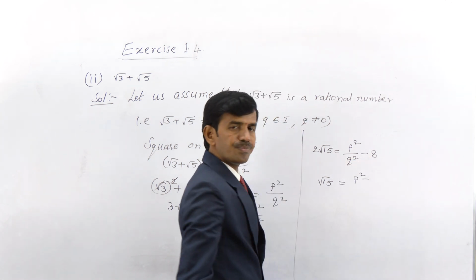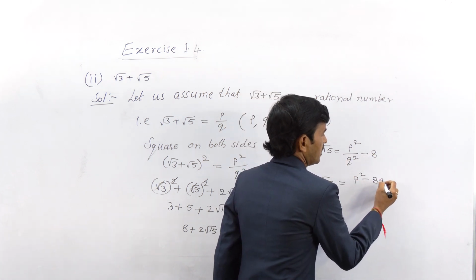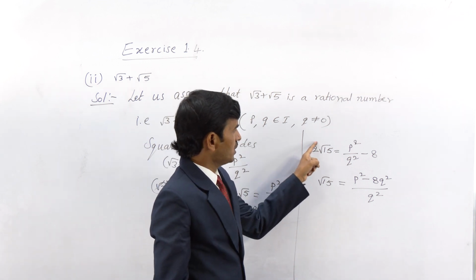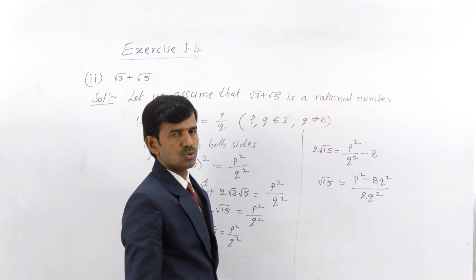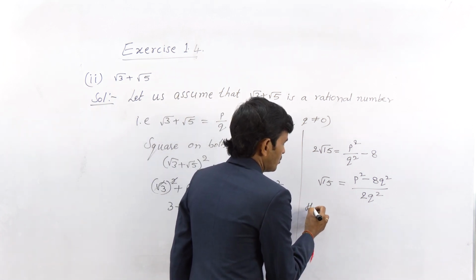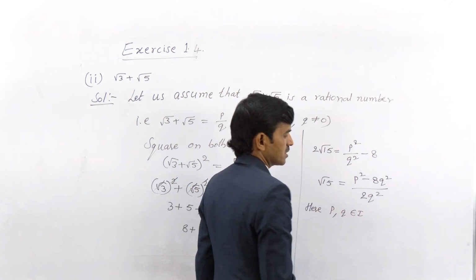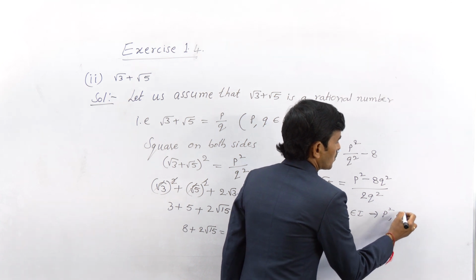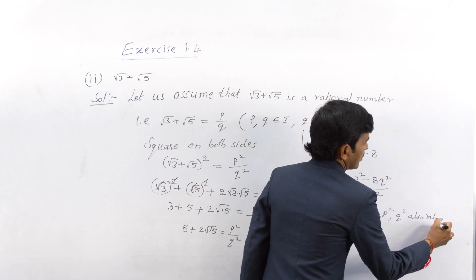Now we are going to transfer even this 2 after simplifying the RHS. If you find the LCM, what you get is p square minus 8q square by q square. Whereas we have 2 in this case, the 2 also can be transferred. Now it becomes 2q square. Here, if you observe, p, q belong to integers. That implies p square, q square are also integers.